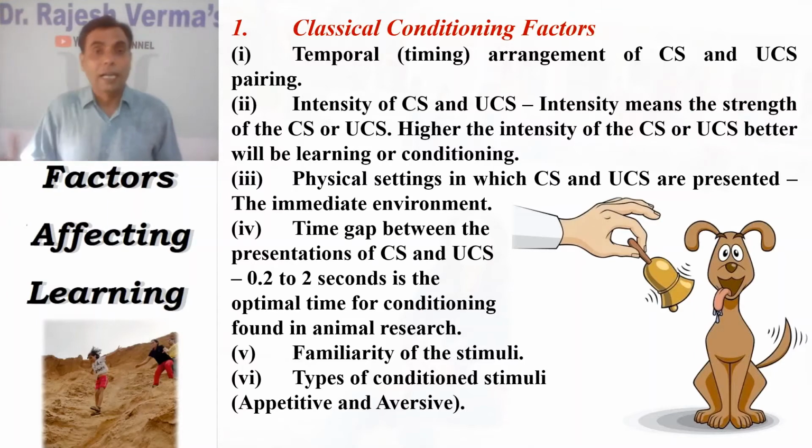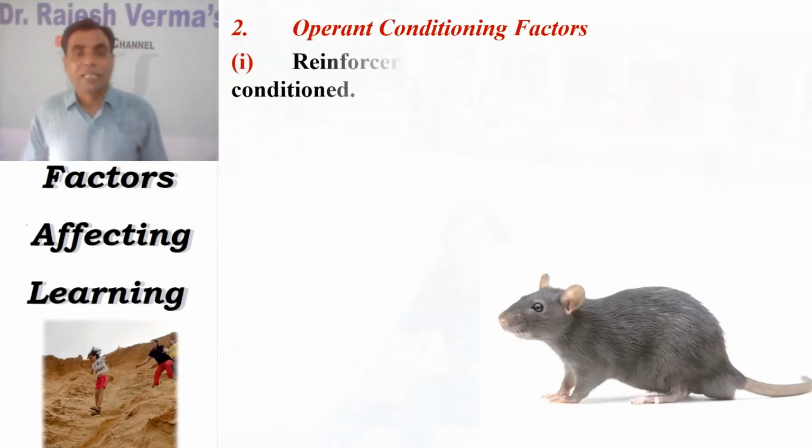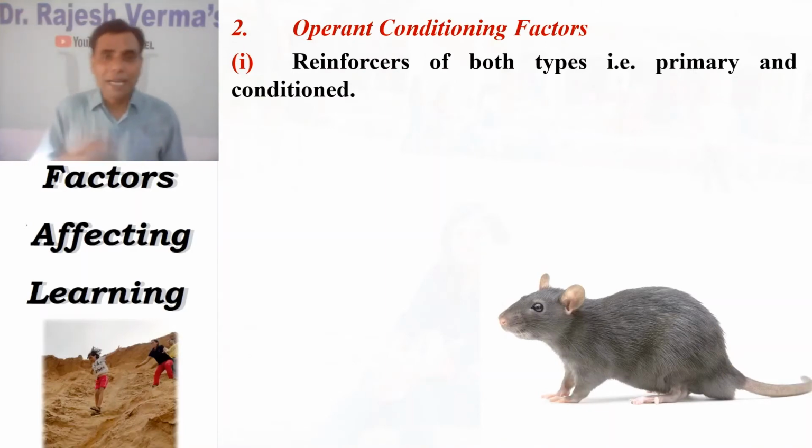That also affects the learning process. So, my dear viewers and friends, these are the six factors that affect learning, particularly classical conditioning. Then come the factors that affect operant conditioning.